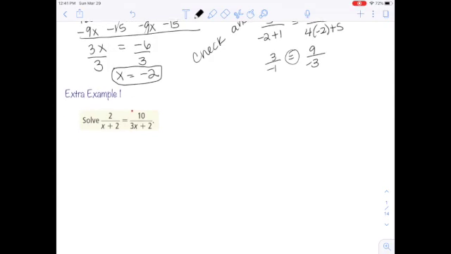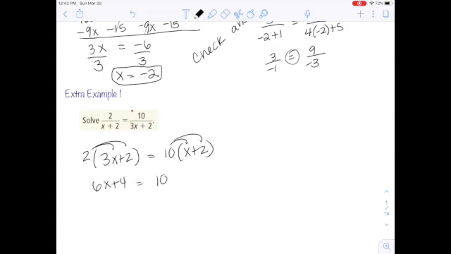Move on. Extra example 1 is another situation where I would cross multiply because I have two fractions just set equal to each other. There's no addition or subtraction happening. So cross multiply, you get 2 times 3x plus 2 equal to 10 times x plus 2. Distribute.